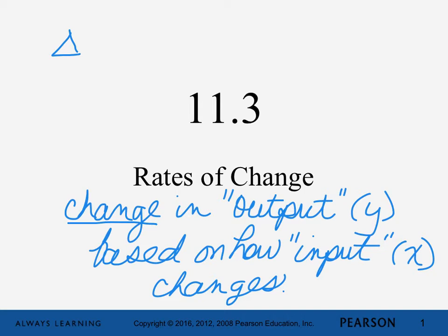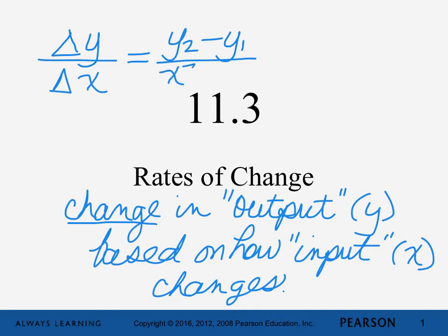So we're talking about delta y over delta x, which for a lot of you will look a lot more familiar if I write it as y2 minus y1 over x2 minus x1. And that should look more familiar to you because that is the slope m. So the rate of change is basically simply a slope.